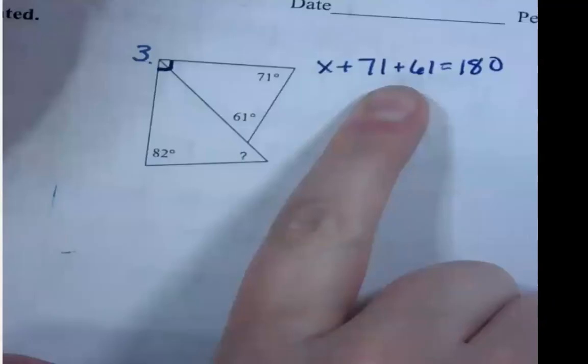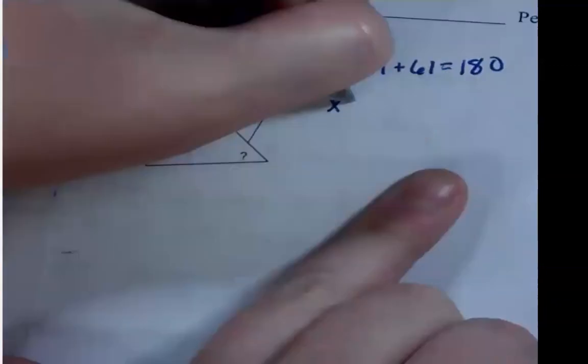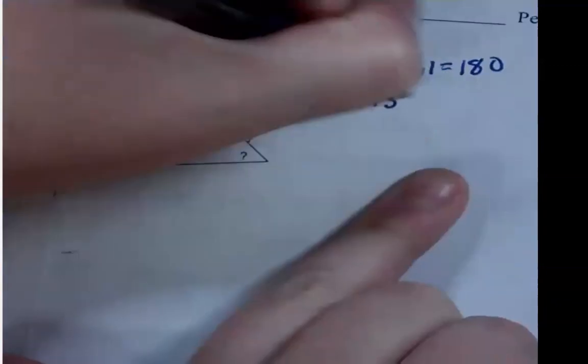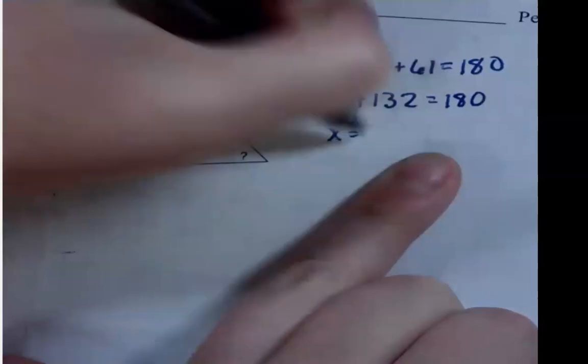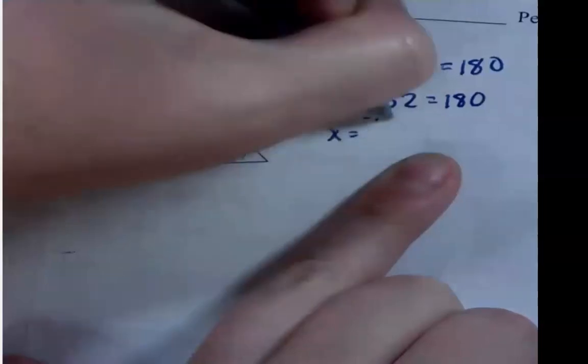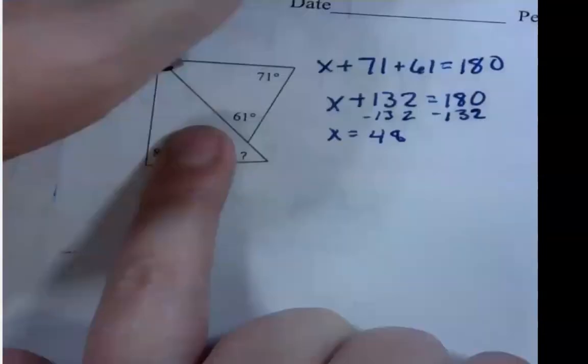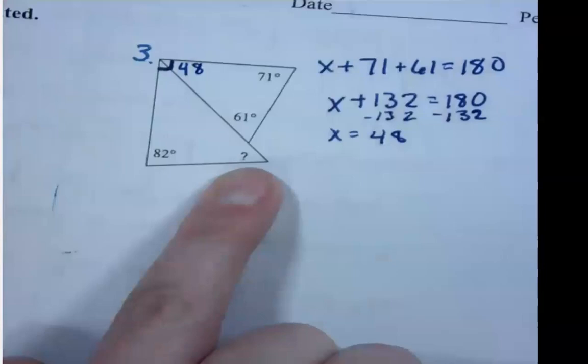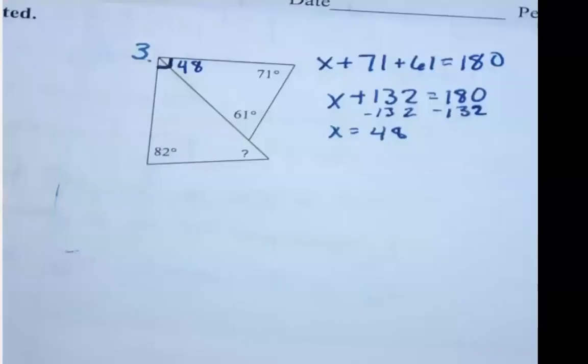When we add these together, you get 132. And subtract from 180, you get 48. All right, cool. We know this is 48, but that does not give us this, right? We have to continue to work through these.